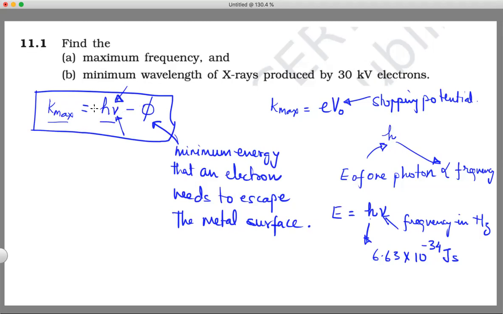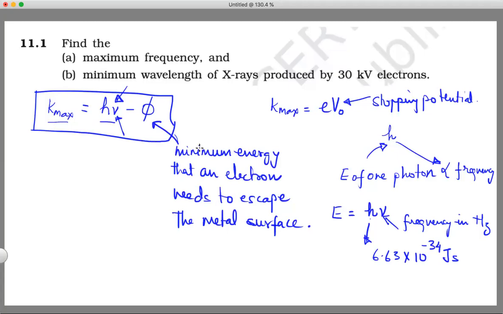So this becomes the energy of the electron. And this phi, the work function, was the minimum energy that the electron needed to leave the metal surface. So this is the energy needed to break the bond with the metal. So what is the remaining energy? That is K max.